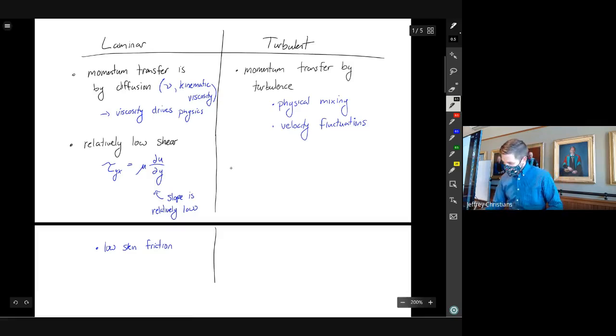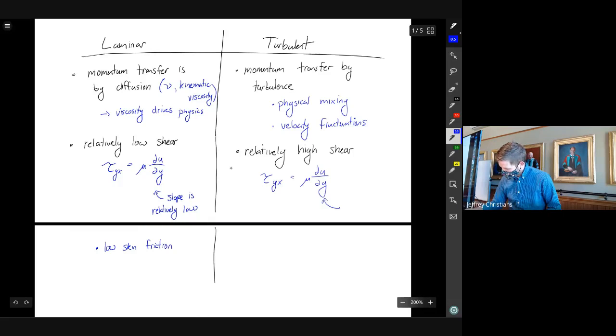So this also means that we have relatively high shear, right? Tau yx is mu du/dy, so this slope is big.